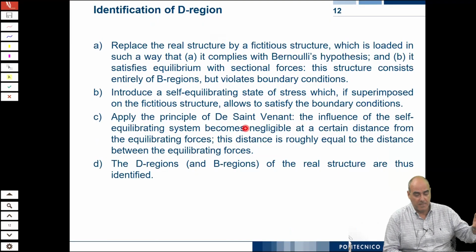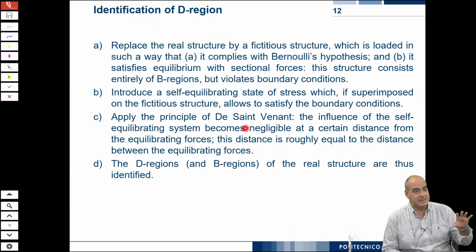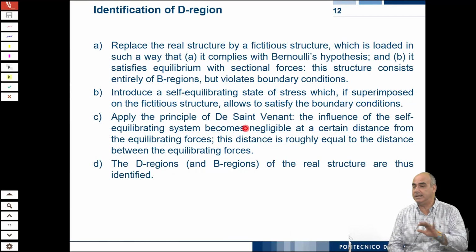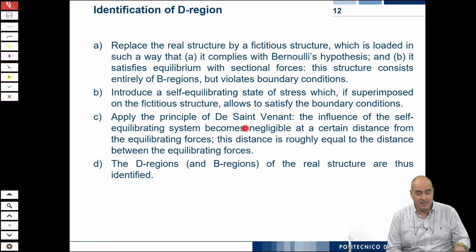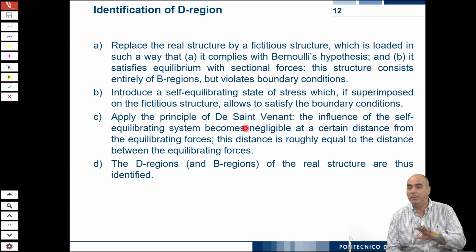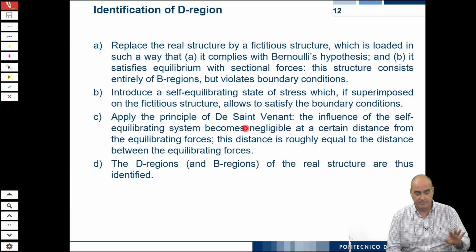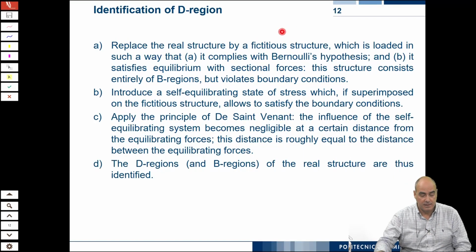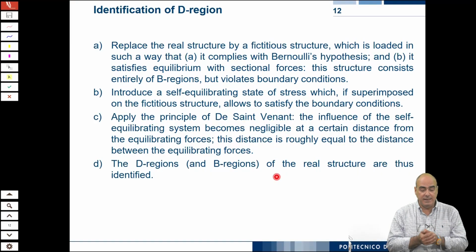So first of all, replace the real structure with a fictitious one, which has exactly the same geometry and boundary conditions, but is loaded in such a way that the Bernoulli hypotheses are satisfied everywhere, and it satisfies the equilibrium condition. A structure like this is a perfect Bernoulli beam. Then introduce a self-equilibrating state of stress.